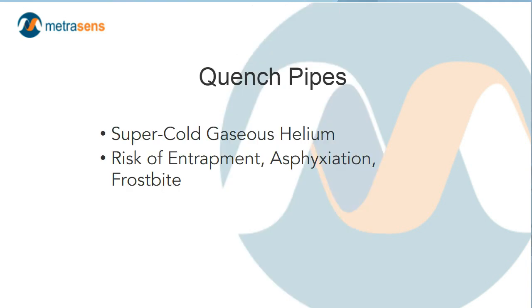So the second element in my list of 3 for designers and MRI safety is the quench pipe. Most, but not all, MRI scanners today have hundreds if not thousands of liters of liquid helium inside the scanner device itself.